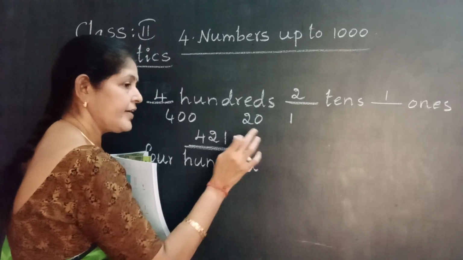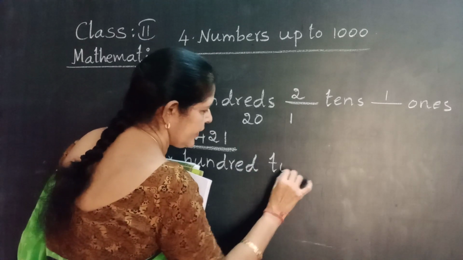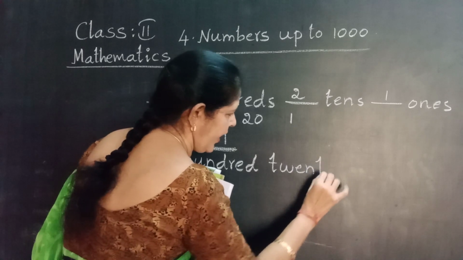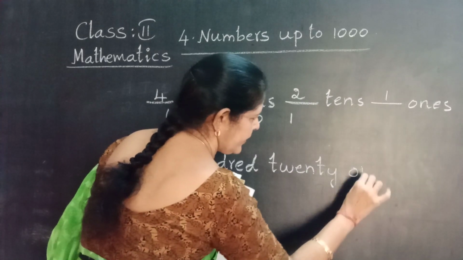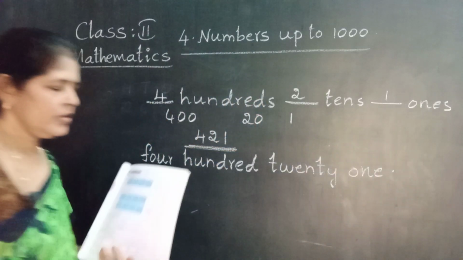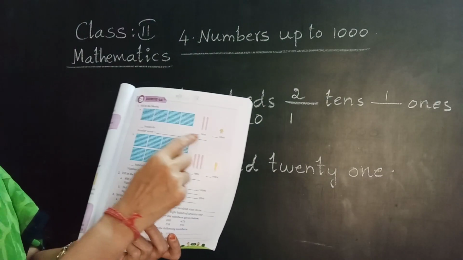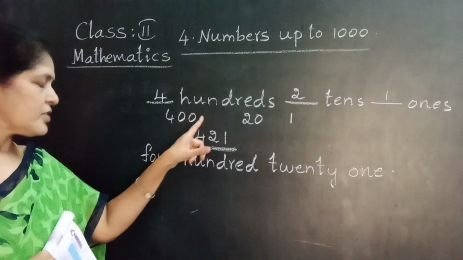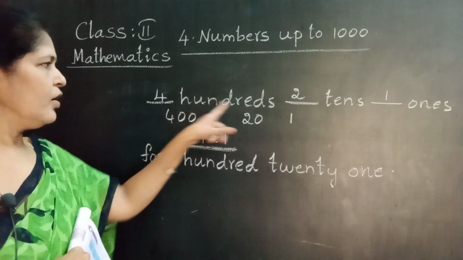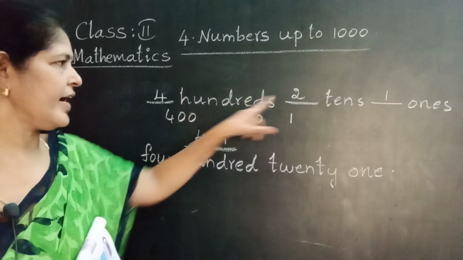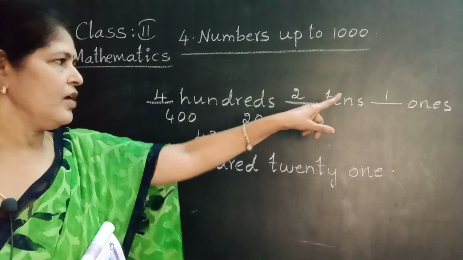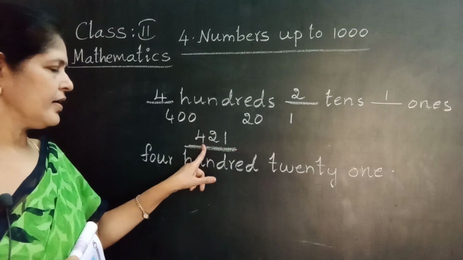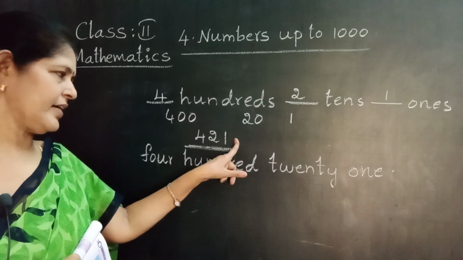No need to write 'and'. Continue. TWENTY, 20, ONE, 1. Here a blank is given. Write here. The number we got is 421.